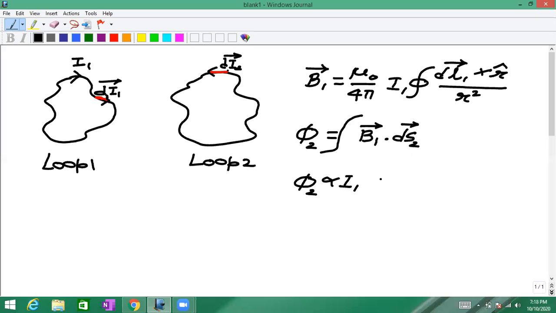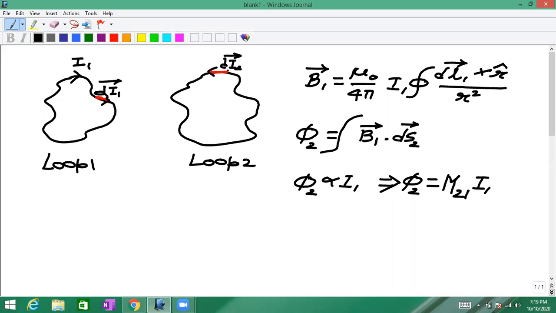Then phi 2 is equal to some constant, let me write the constant as M21, times I1.